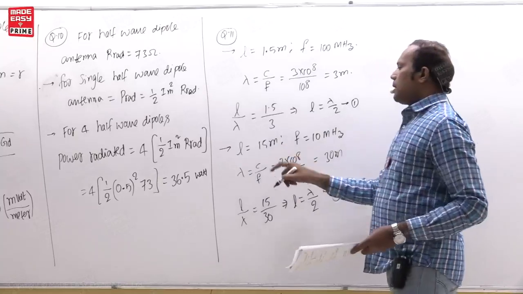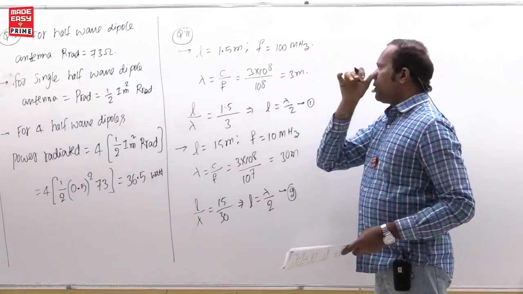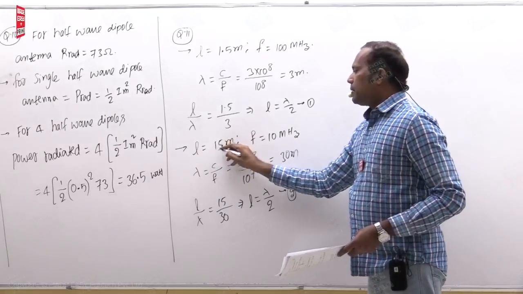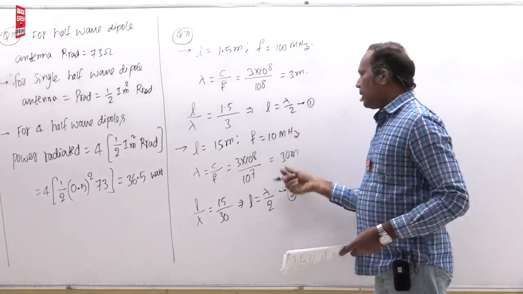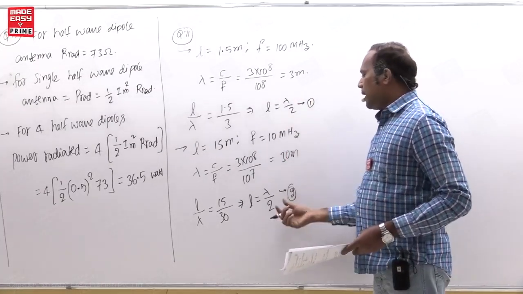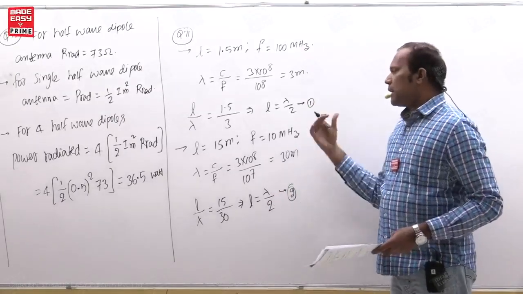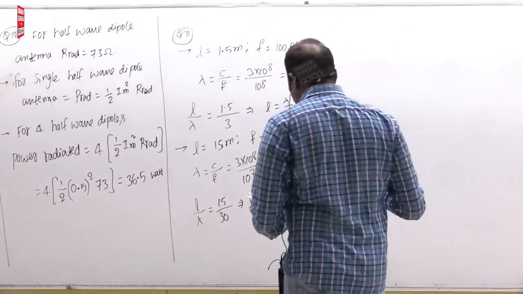But if you calculate length in terms of wavelength, for both antennas it is the same, so both have the same radiation resistance, and that is why both radiate the same power.